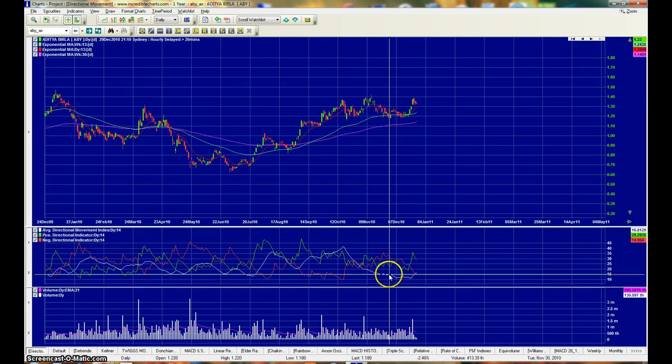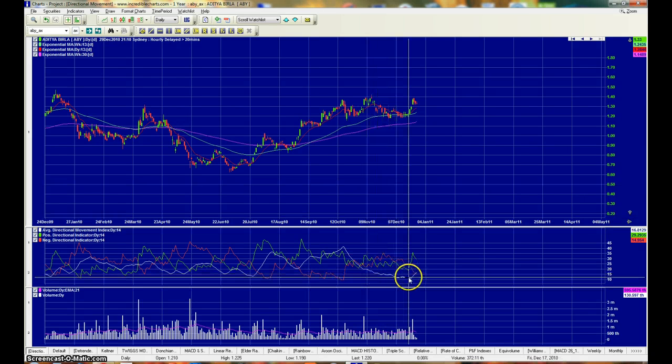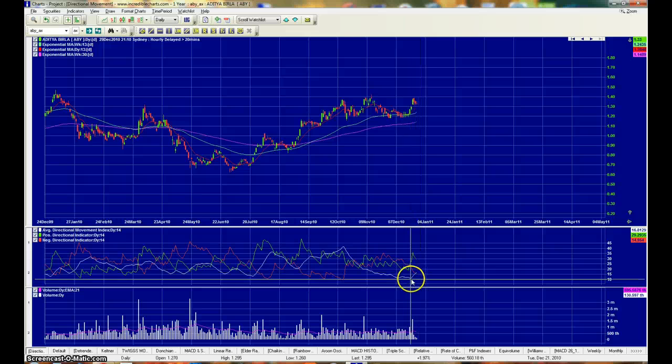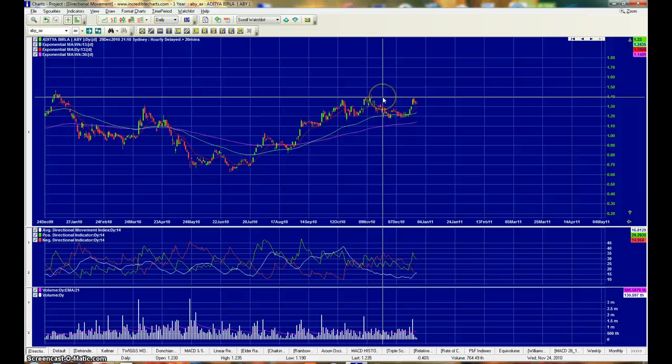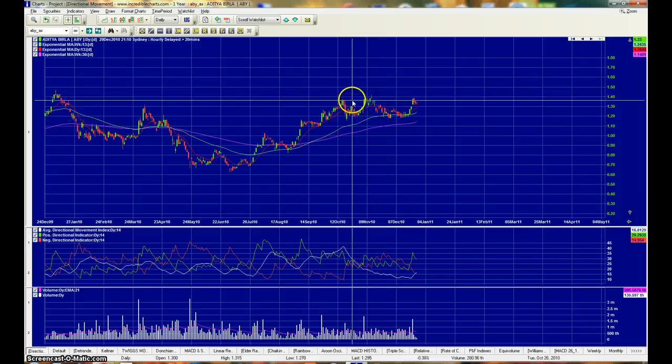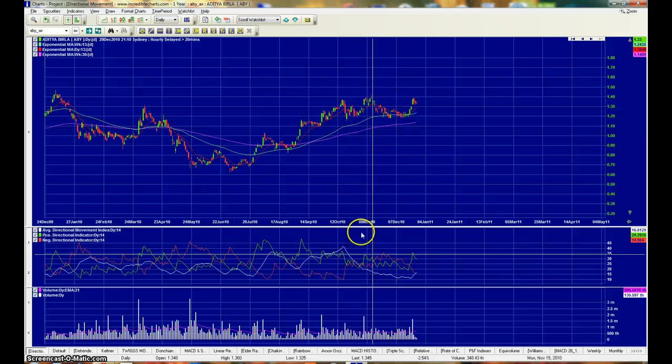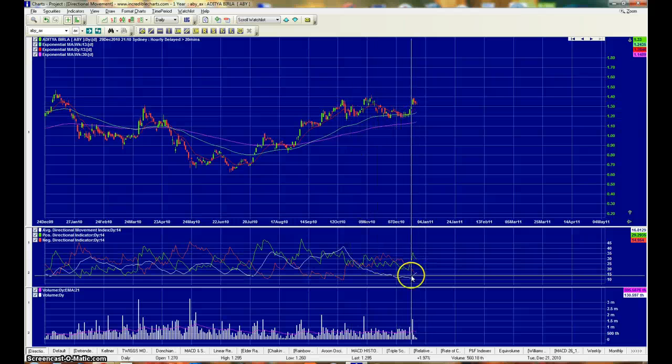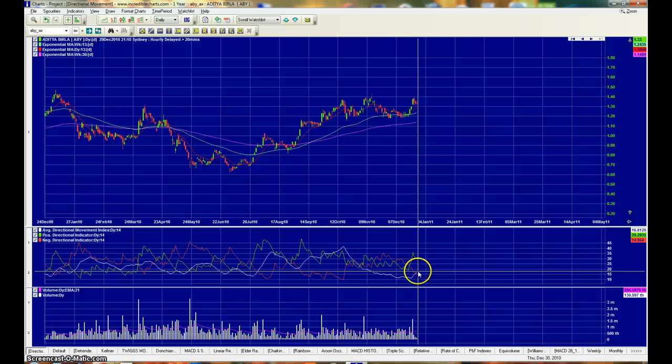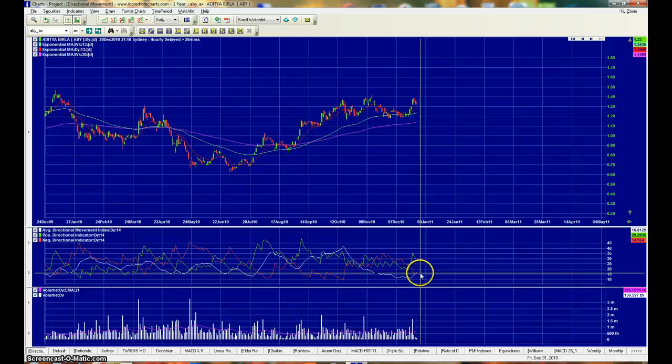It wants to range, and now it's starting to tick up again. So even though it's at the top of this little ranging channel, this is telling you something's up.